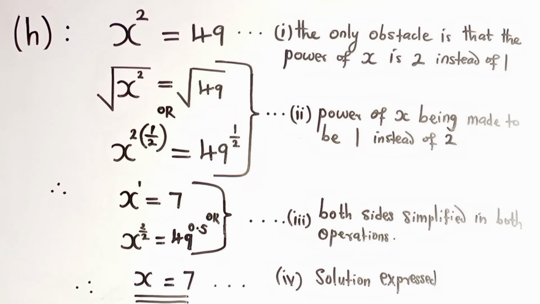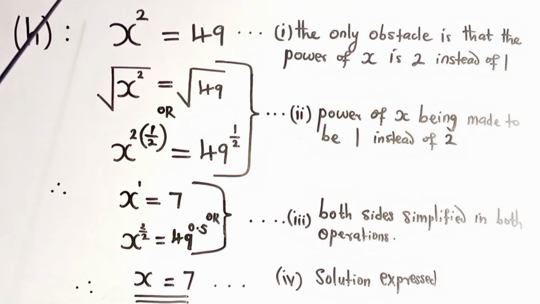Now, how do we clear powers? Anyway, there are experiments that could be conducted that will show us that if we want to clear powers, what we should do is to find the same degree root of that power. What do I mean by the same degree root? This is power 2, for instance.